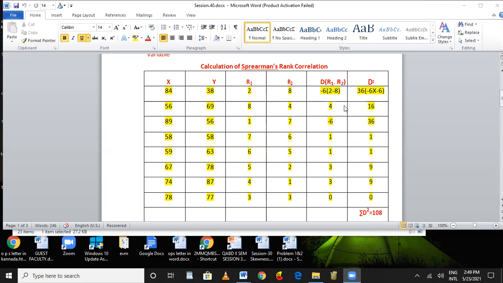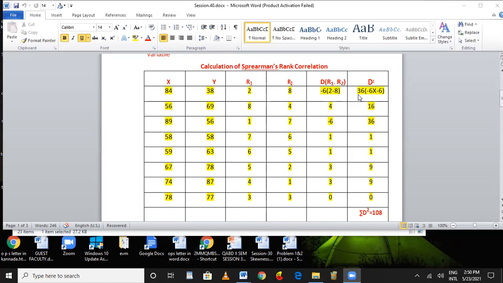Then after finding the differences we have to find d square. D square is the square of the differences between the first judge and the second judge, so that we can apply the formula of R, the correlation coefficient by Spearman.